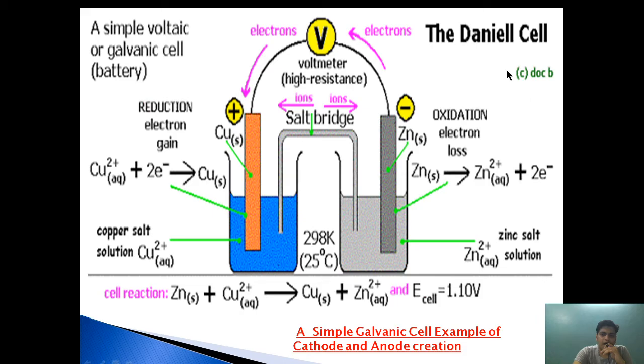So having high oxidation potential, zinc will act as anode and copper will act as cathode. The electron will flow from negative to positive and current will flow from positive to negative, and hence we will see a deflection. These both are dipped in an electrolyte which are connected to this salt bridge.